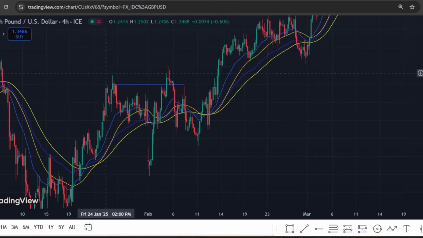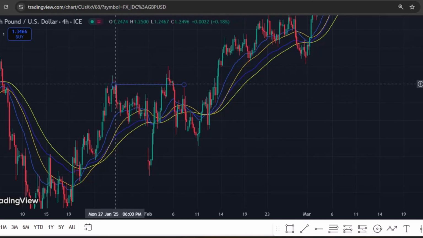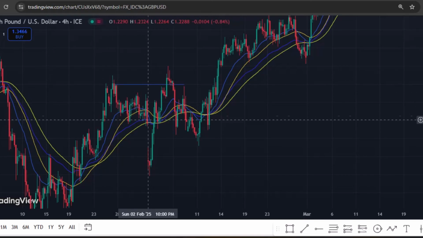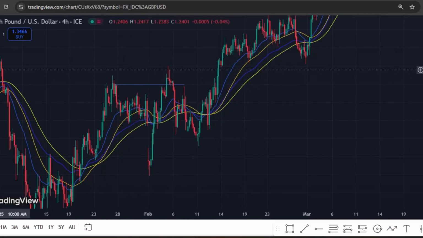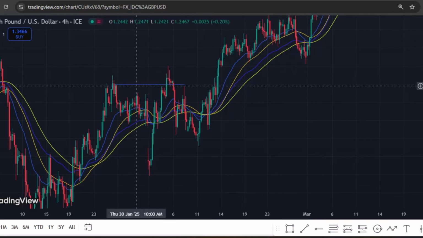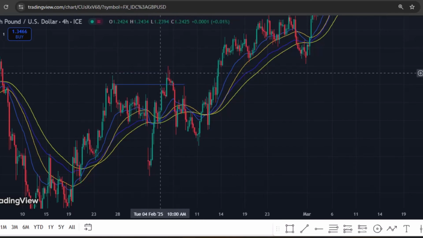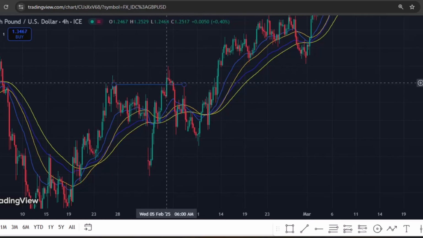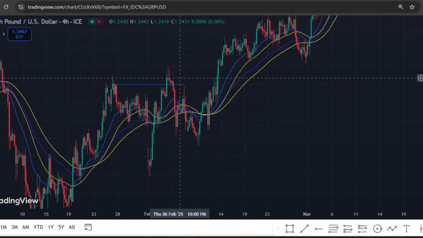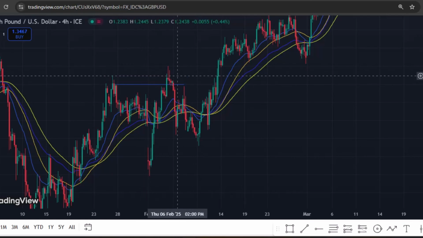Say it's a resistance, right? The market created the first resistance, and it respected this area. The market now came to this resistance. Since there was high bullish power, it broke this resistance.